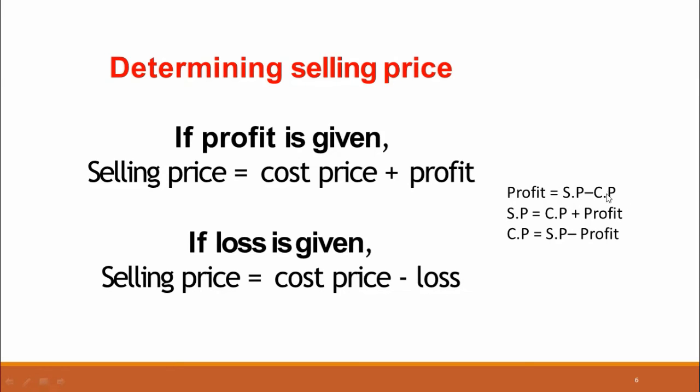Shifting the cost price term to the left hand side, we obtain selling price is equal to cost price plus profit, and the cost price can be found by selling price minus profit. And if loss is given, the selling price will be cost price minus loss.